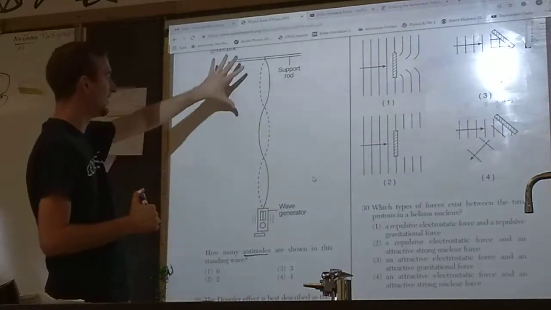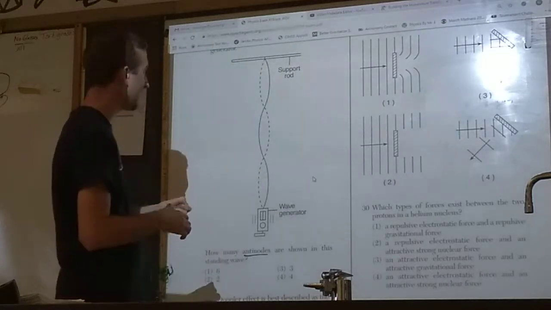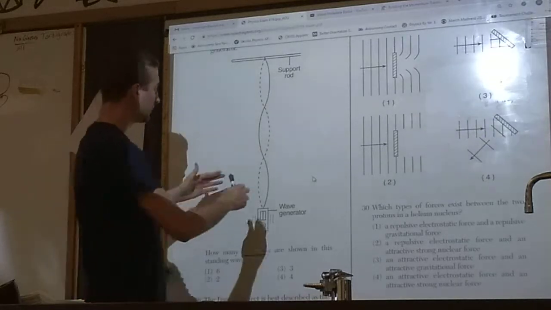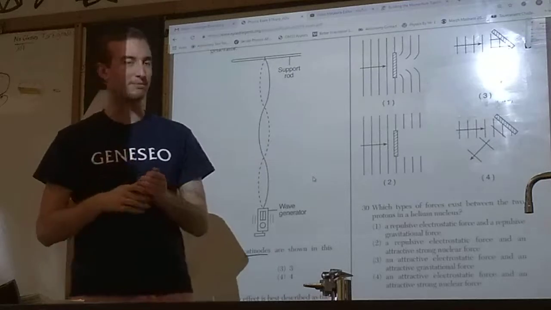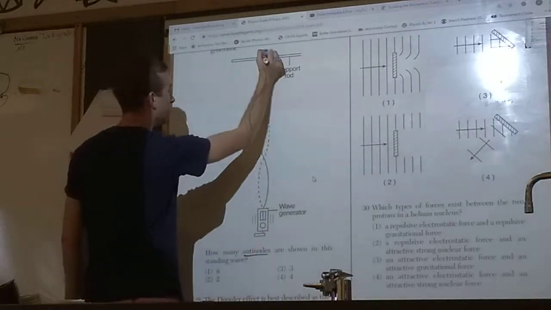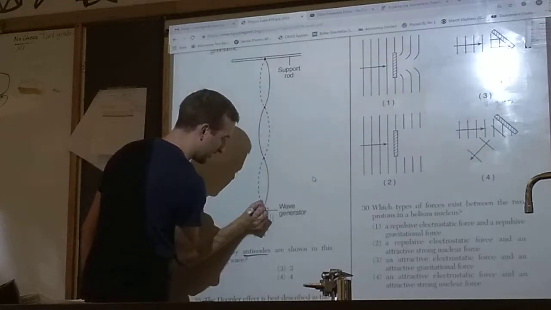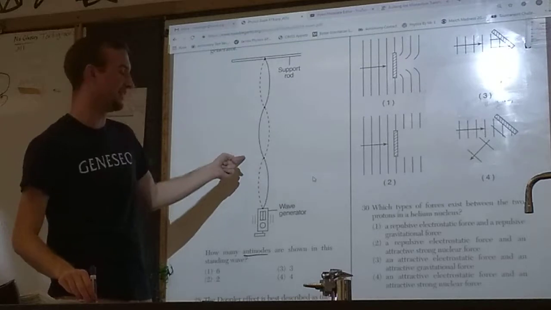And when we talk about standing waves on a string, a node is where, in the typical picture of a standing wave, the two lines, the dashed line and the solid line, seem to meet. So that means we have nodes here, here, here, and here. And obviously, with a standing wave, this picture is misleading, I think.